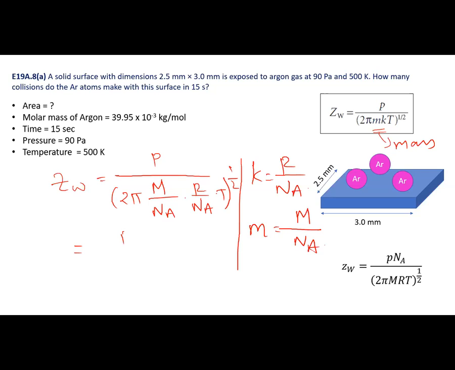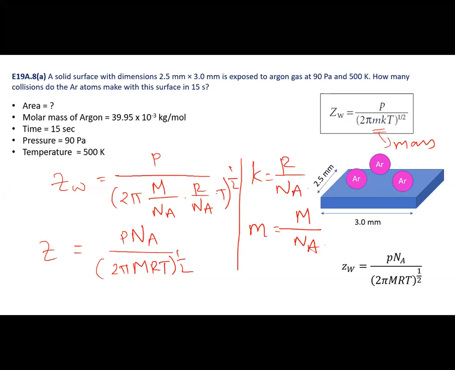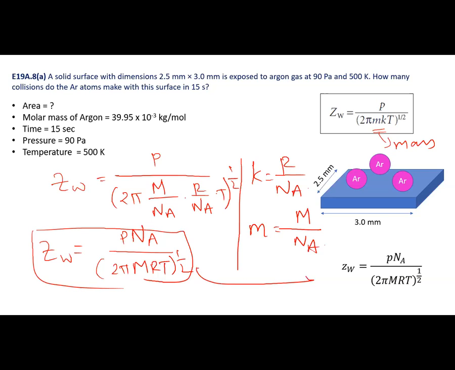So the entire equation becomes P times Na over (2 pi M R T) to the power half. We use this equation quite a lot in most of the problems that are related to the collision flux.